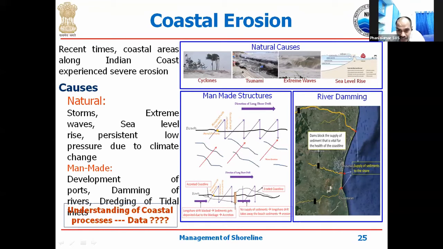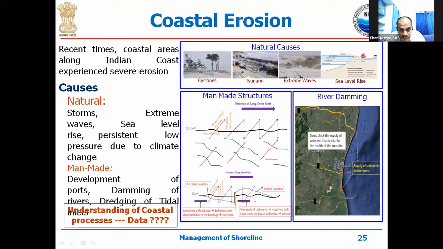Our proposal was a three-part proposal where the submerged groin is there, and also submerged breakwaters for around 800 meters or so.